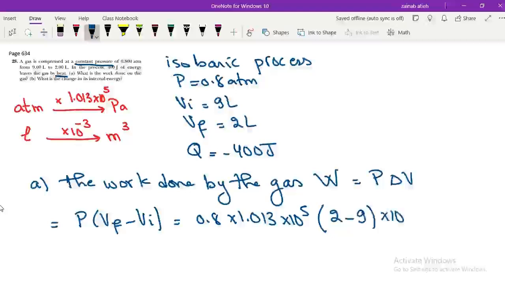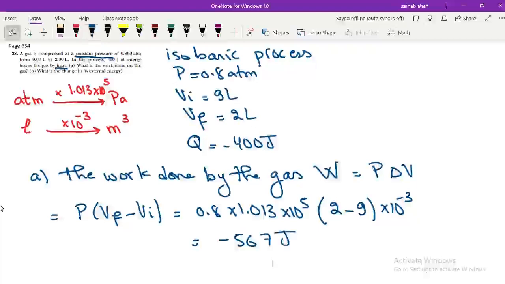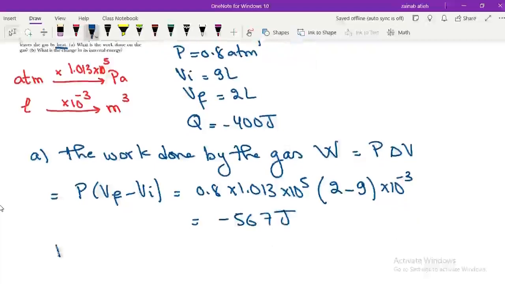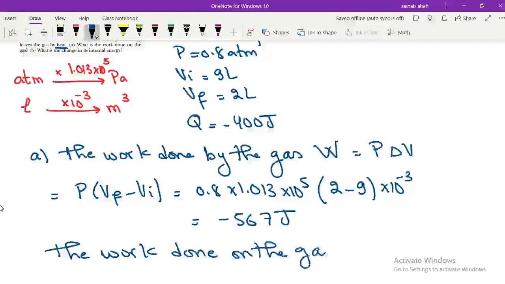Don't forget that to change. So I will get minus 567 joule. And this is the work done by the gas. Now if he's asking for the work done on the gas, W external is equal to 567 joule.